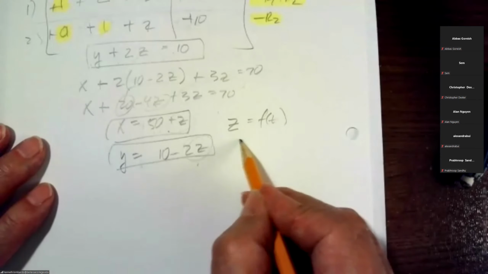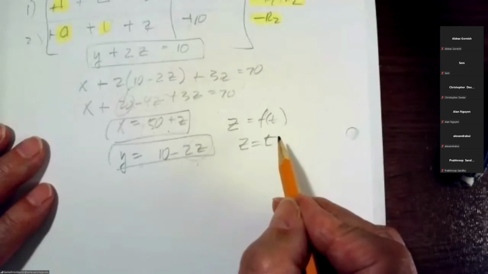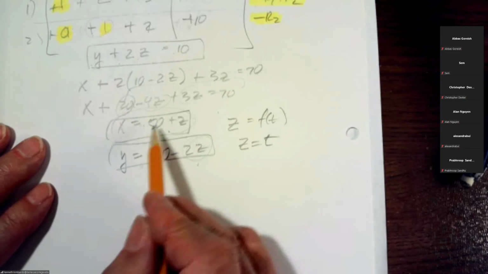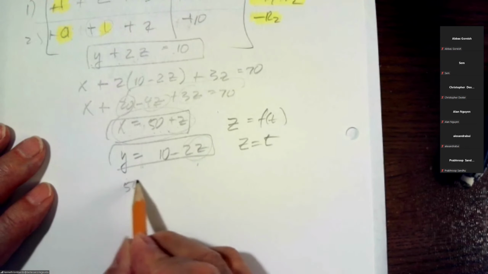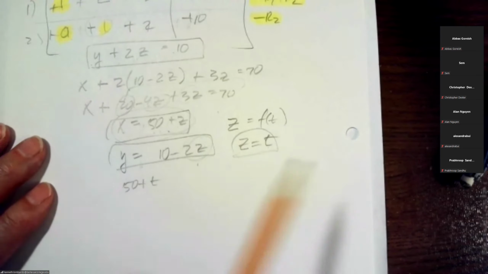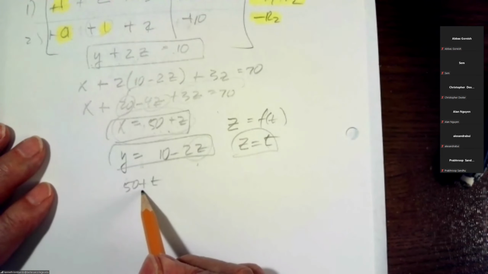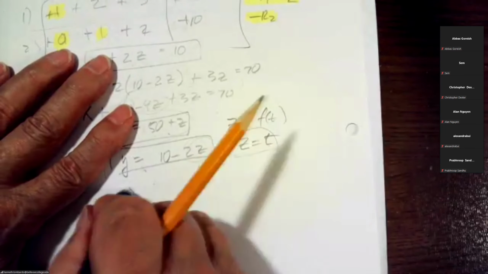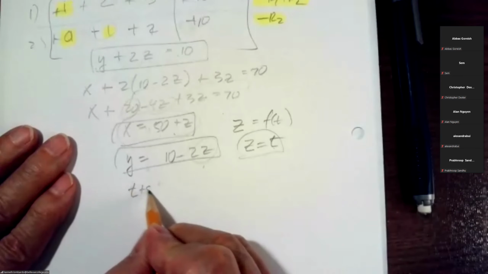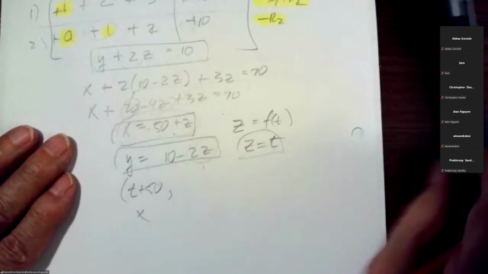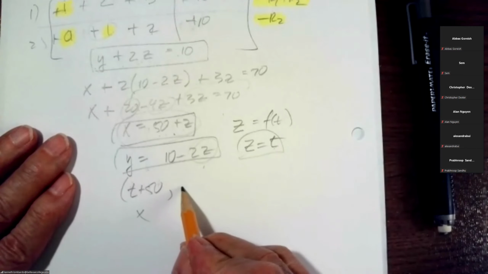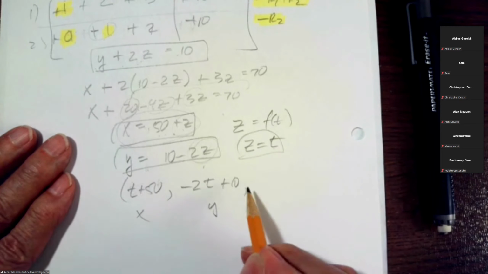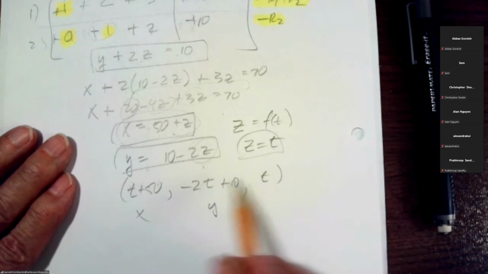If you let Z equal time, and the solution for X is 50 plus T, if Z is time and X is dependent on time, then we could say T plus 50 for the X value, negative 2T plus 10 for the Y value, and just T for the Z value.